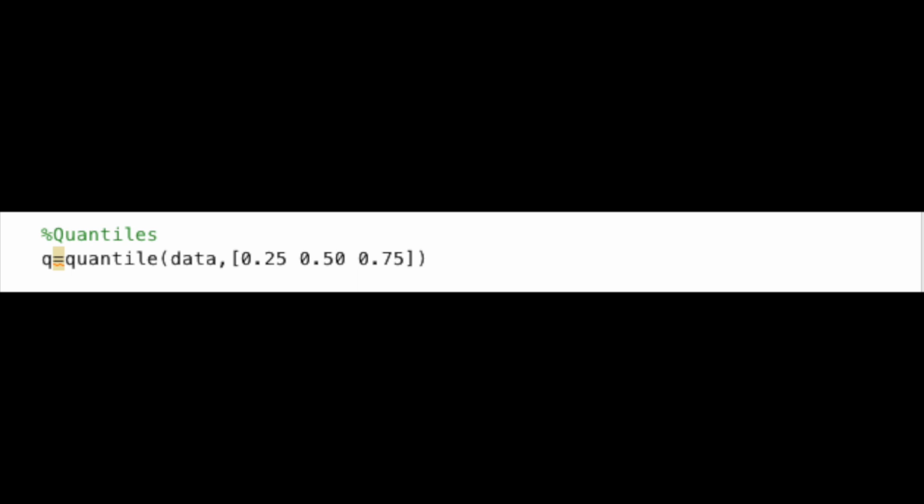However, if we had wanted to calculate the percentiles in tenths, or 10 percentage point steps, then this range would have been 0.1, 0.2, 0.3, all the way up to 0.9. As before, we've set up a variable to capture the output of this computation, and in this case that variable is Q.